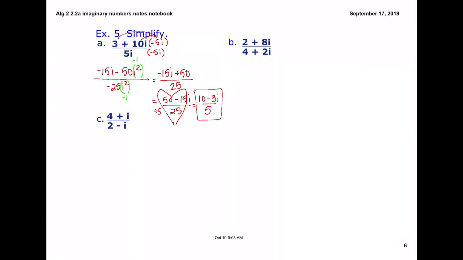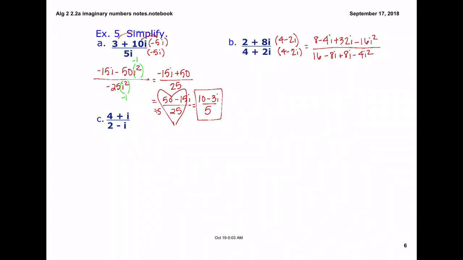In example B, the complex conjugate would be 4 minus 2i. Whatever you do to the bottom, you must do to the top. When you distribute this out, you get 8 minus 4i plus 32i minus 16i squared. In the denominator, we get 16 minus 8i plus 8i minus 4i squared.